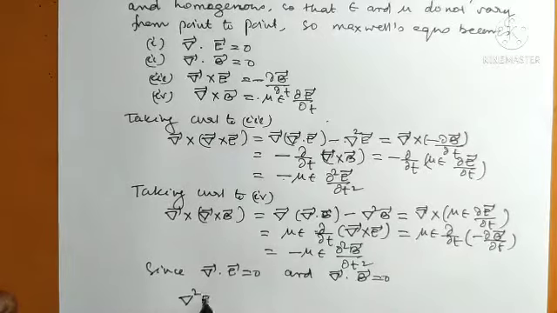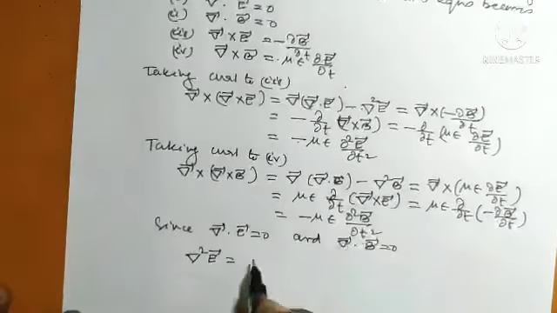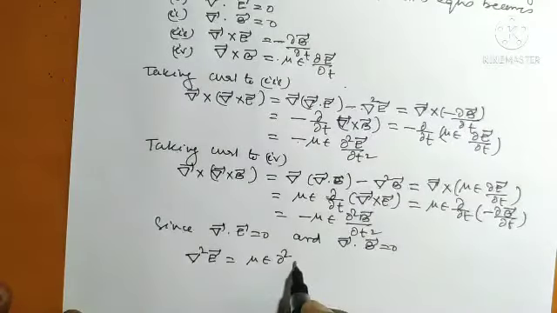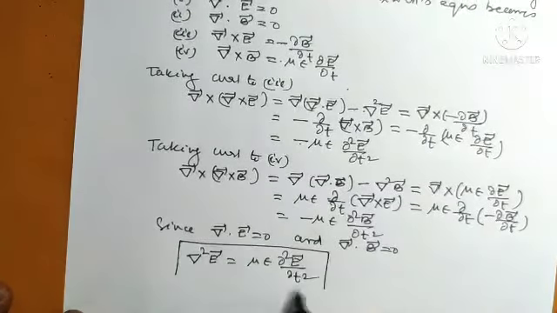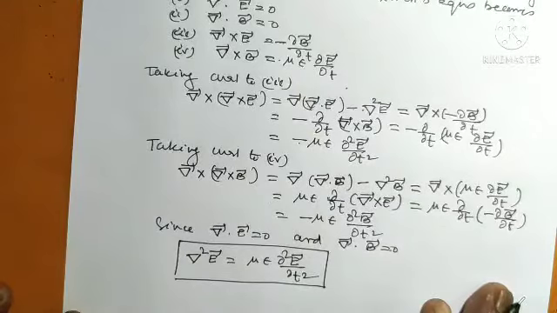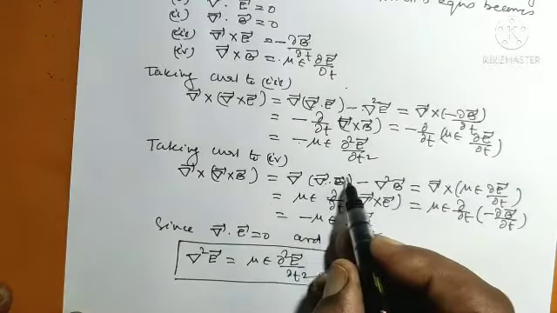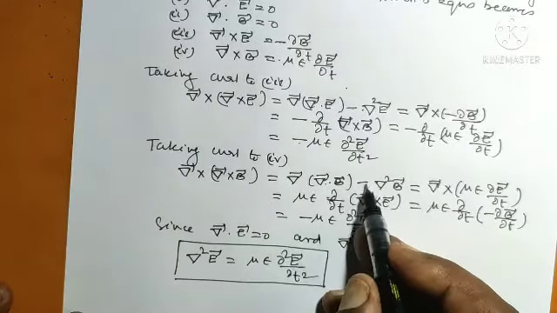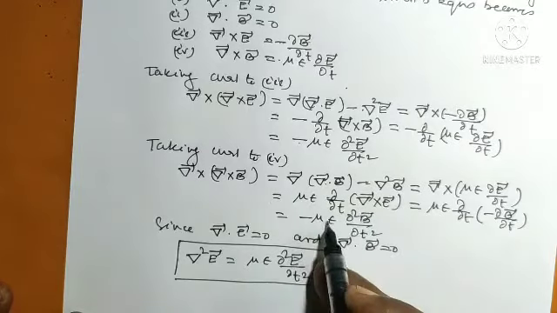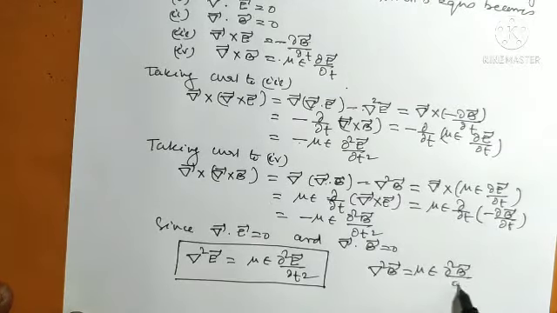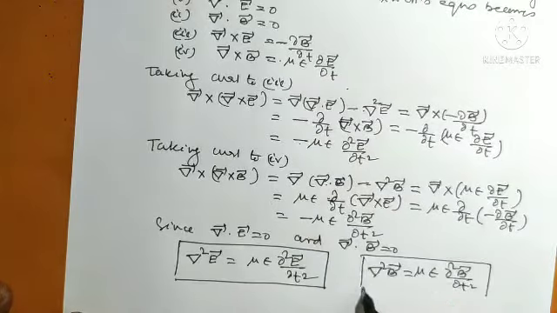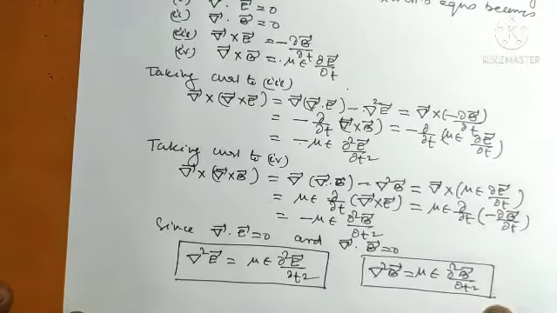So we get del square E is equal to mu epsilon del square E by del t square. So this is the wave equation for the E vector. Similarly, div B equal to 0, so this is 0. So minus del square B is equal to minus mu epsilon del square B by del t square. Del square B is equal to mu epsilon del square B by del t square. So these are the wave equations for the E and B vectors.